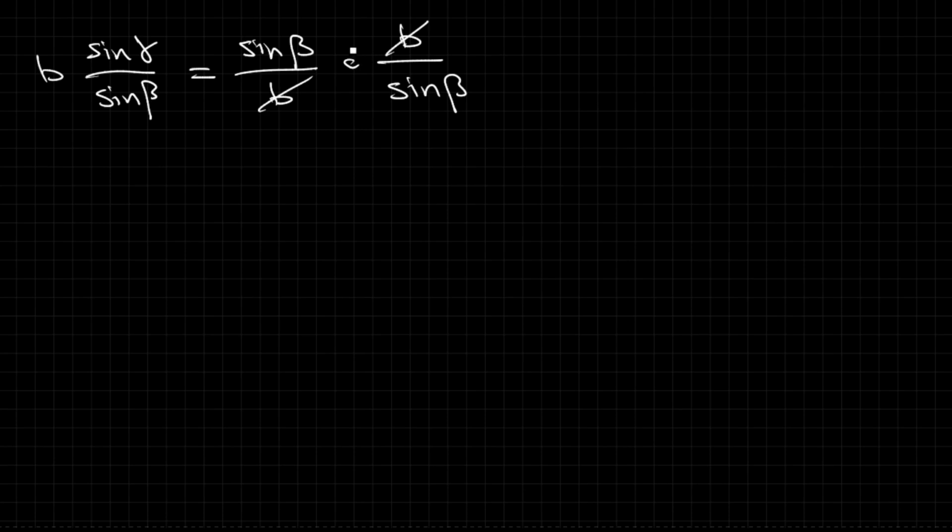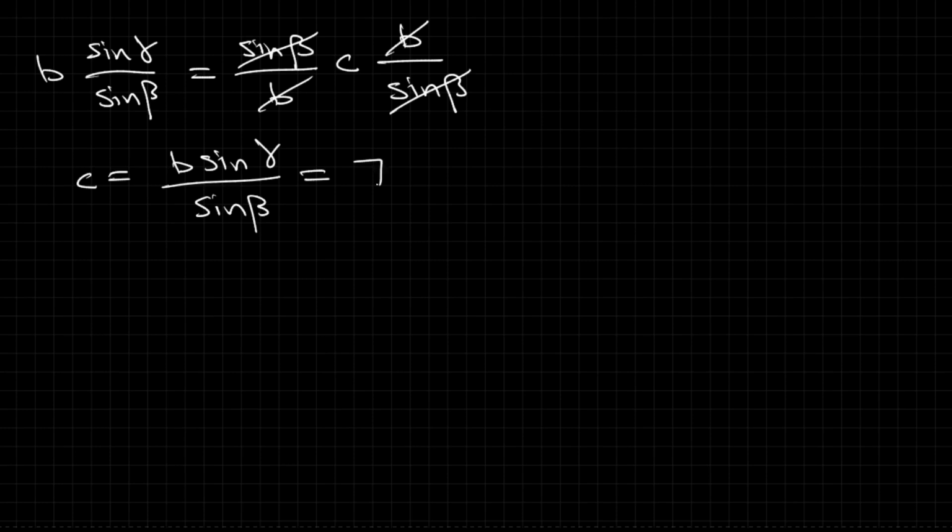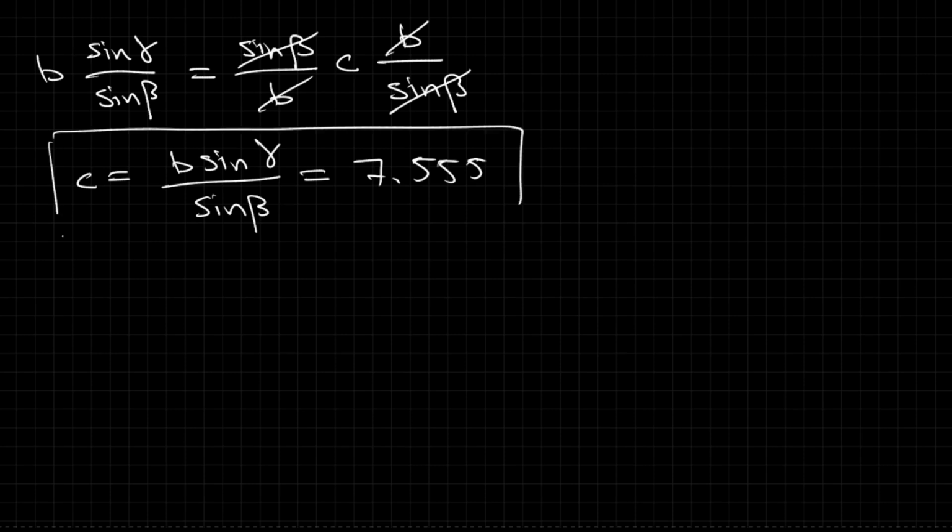This squiggle should be a c here. And the sine betas cancel, and we get that c should be b sine gamma over sine beta, which is equal to 7.555. And we can box that in, and that would give us the last measure of the only triangle, the one solution here for this particular problem.